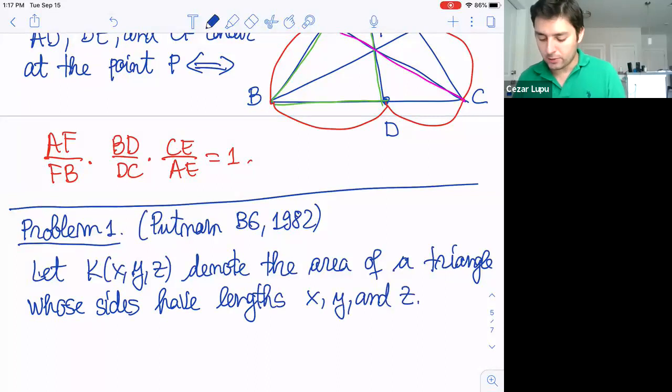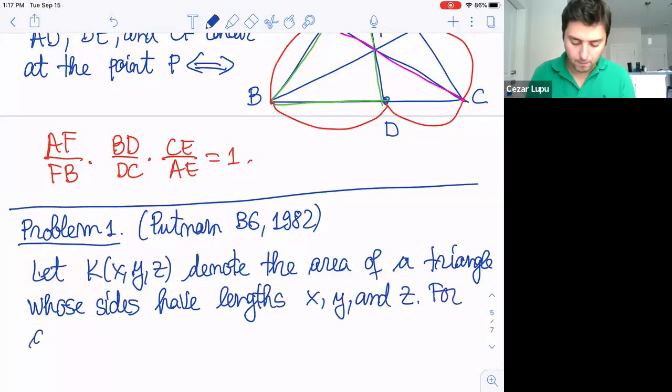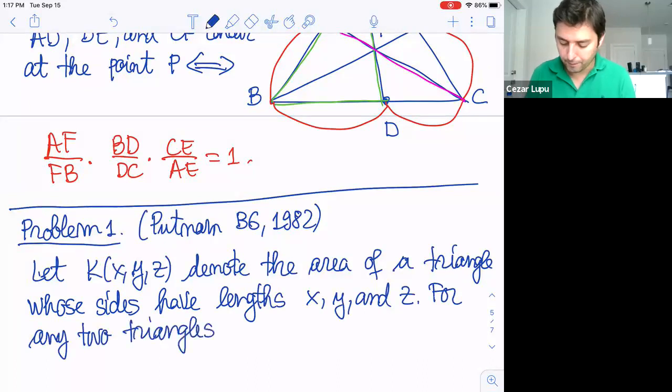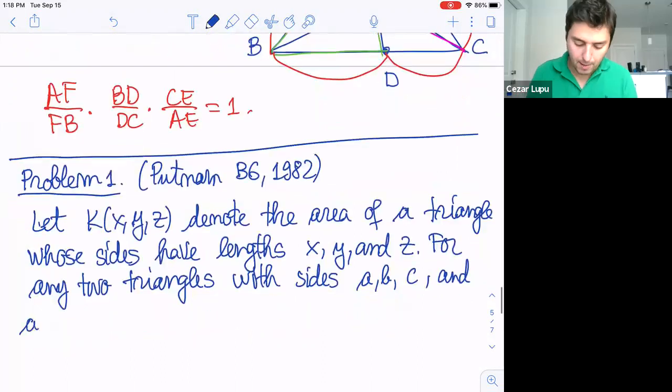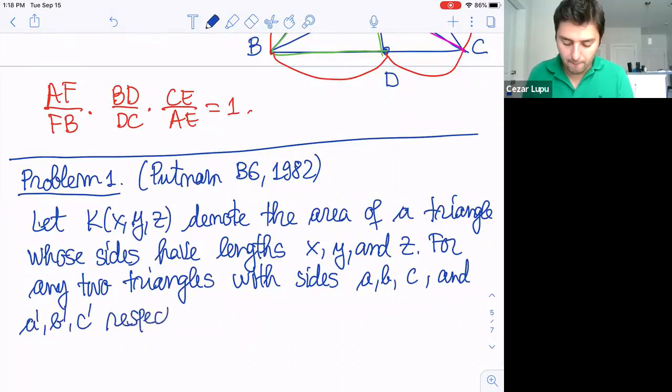Okay, for any two triangles with sides A, B, and C, and A prime, B prime, C prime, respectively.